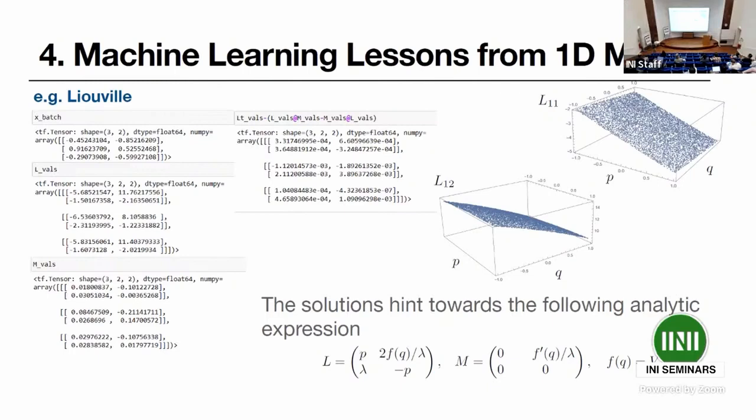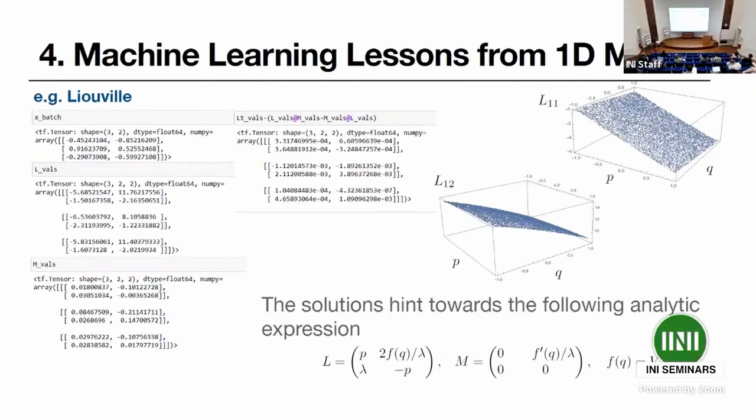If you look at the L11 component, you're going to see that it seems to depend, up to a tilting, only on the coordinate P. So P goes into the diagonal. If you look at the off-diagonal component, you see exactly the opposite. You tend to align Qs or Q-dependent functions on the off-diagonal pieces, and P's or functions of P on the diagonal.